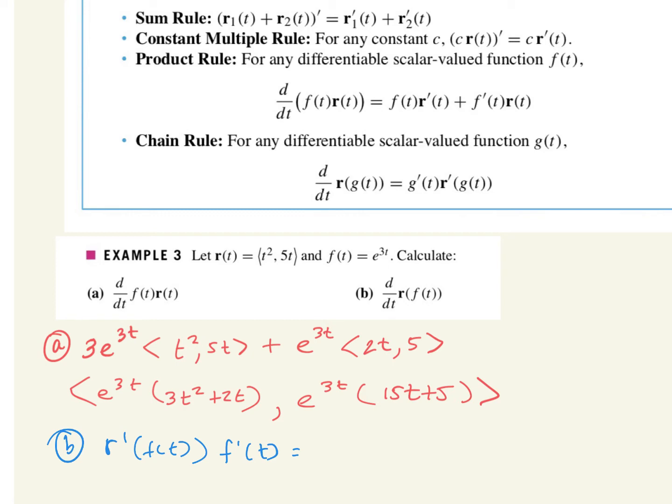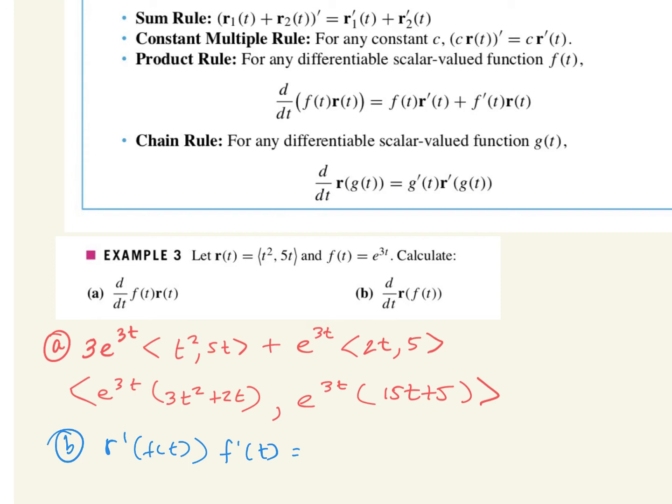So r prime, we did it over here, 2t comma 5, but now we need r prime of f. So wherever the t was in the r prime becomes e to the 3t, right?